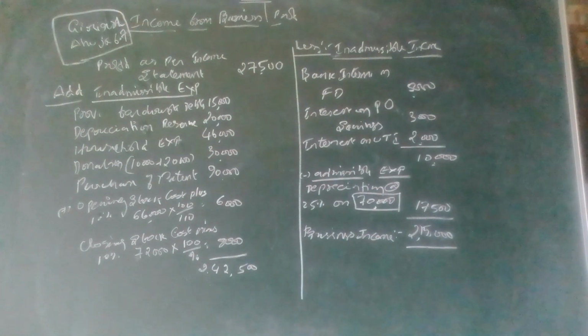Interest on post office savings is also non-trading income. Interest on UTI is income from investments. So these are non-trading items, not connected with the business of the company, so it is an inadmissible income and we have to deduct it from the total income.